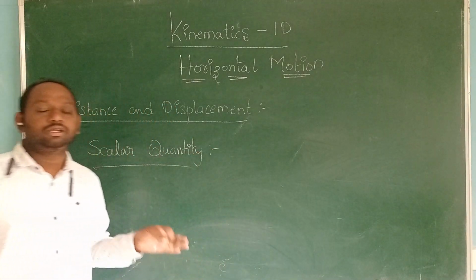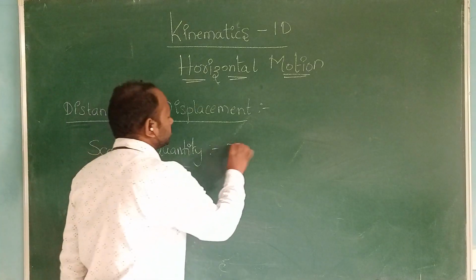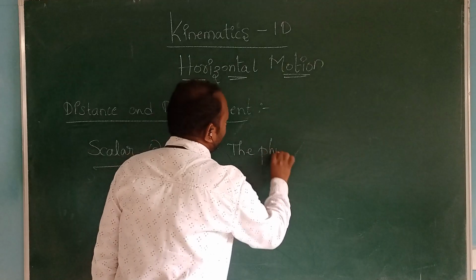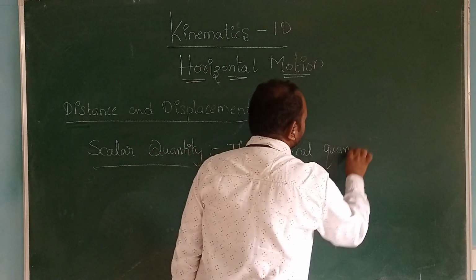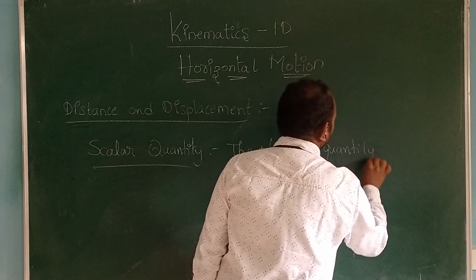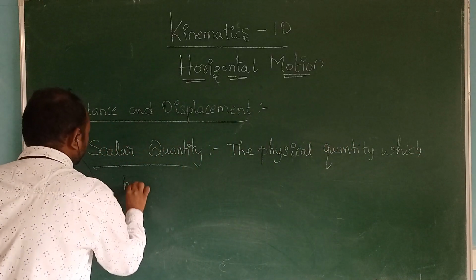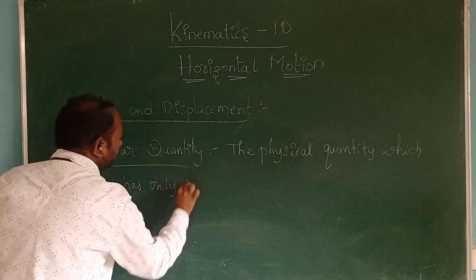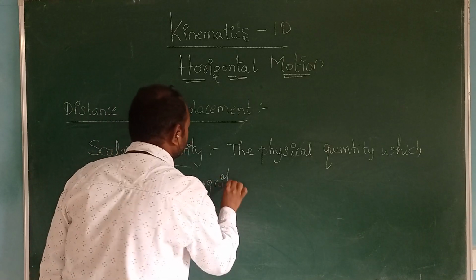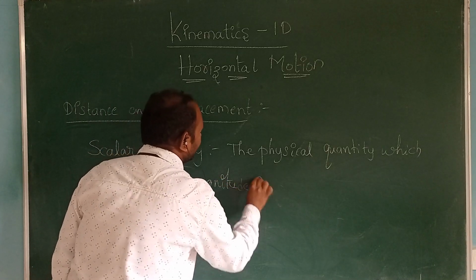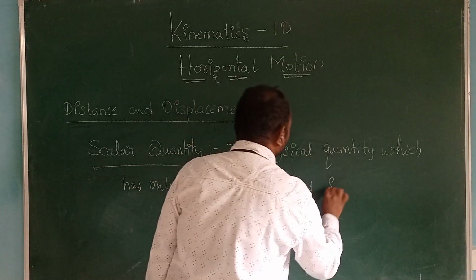The physical quantity which has only magnitude is called a scalar quantity.